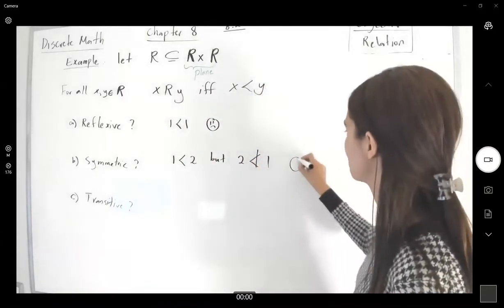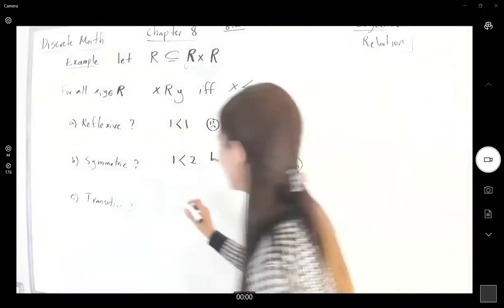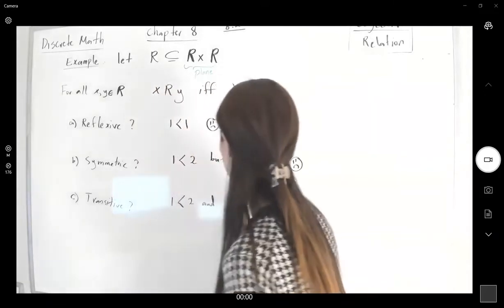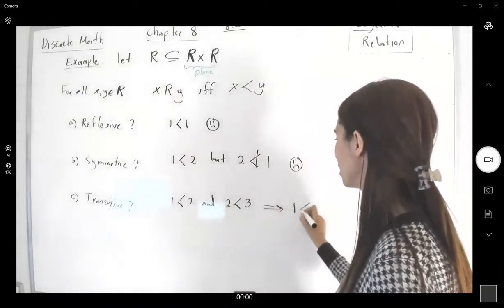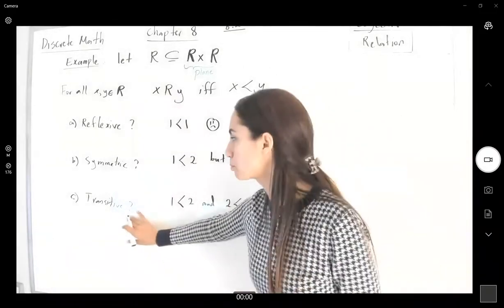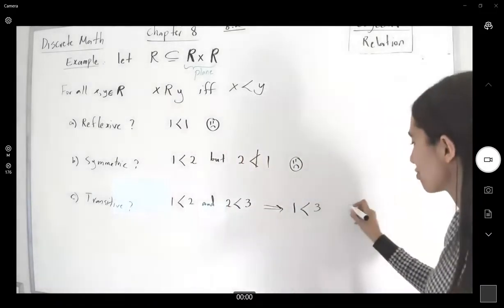It's not symmetric. Is it transitive? Well, if 1 is less than 2 and 2 is less than 3, then we can conclude that 1 is less than 3. So the only property that this relation has is being transitive.